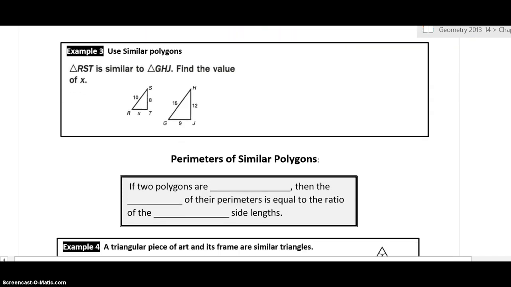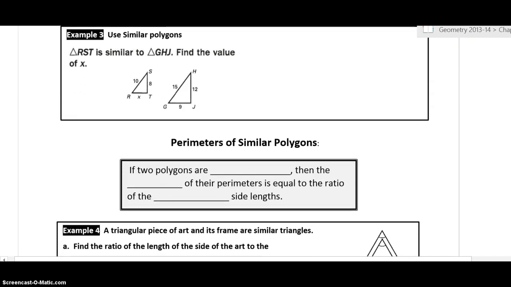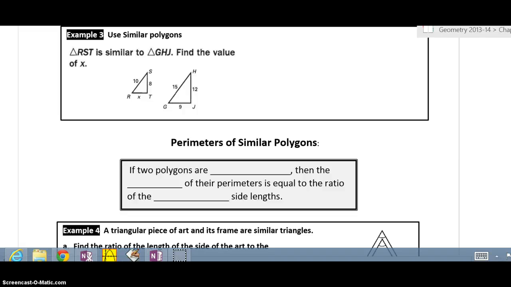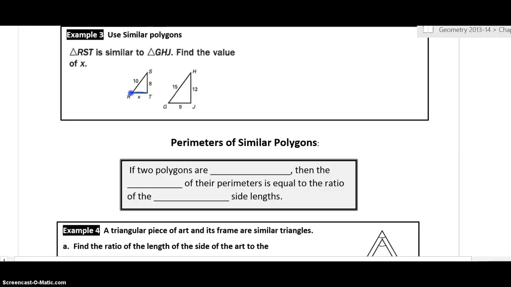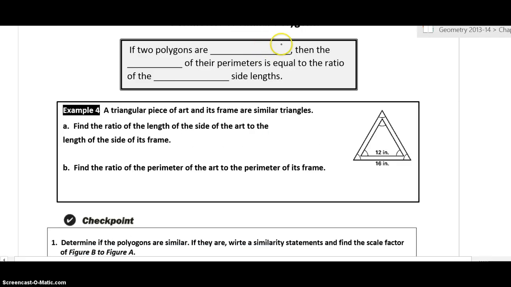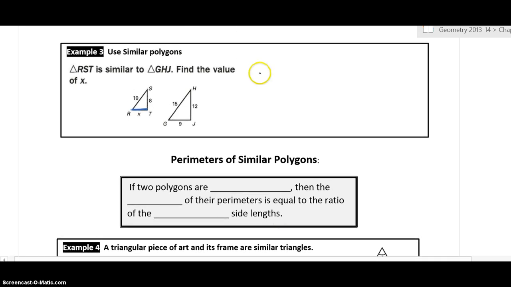Example number 3, it says use similar polygons. So we know that they're similar, and we want to find the value of x. x is one of the sides, and when we're talking about sides, we know sides are proportional. So let's use this side that we want to find the length of, x. That corresponds to the 9. And then we can pick any other corresponding sides that we know both lengths of.